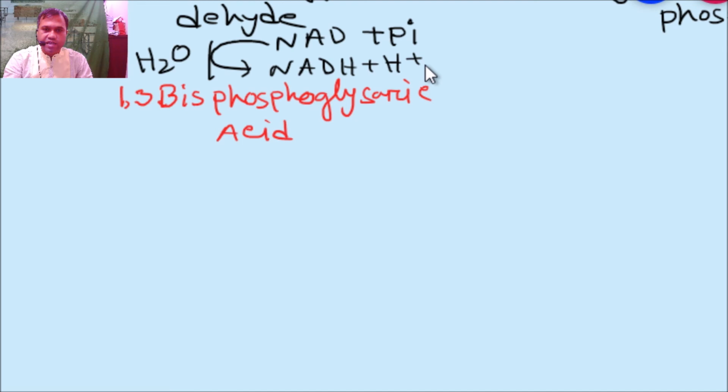In this case, when fructose 1,6-bisphosphate breaks down, it produces 3-phosphoglyceraldehyde and dihydroxyacetone phosphate. Dihydroxyacetone phosphate turns into 3-phosphoglyceraldehyde in the presence of isomerase enzyme. They are isomers of each other and produce 3-phosphoglyceraldehyde again.